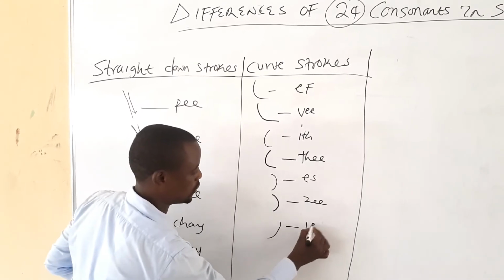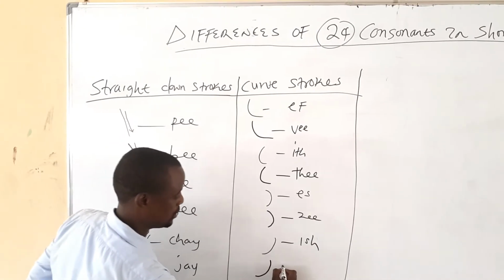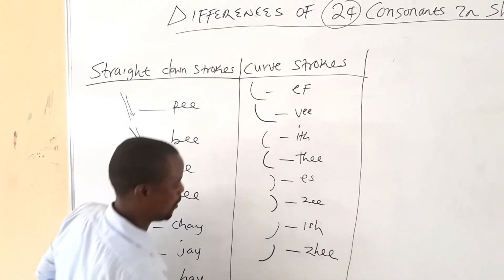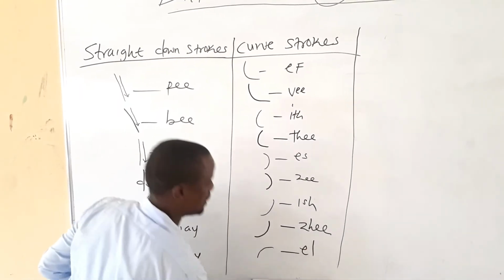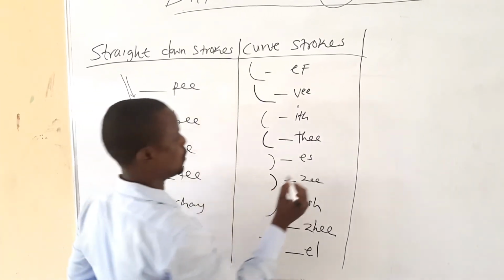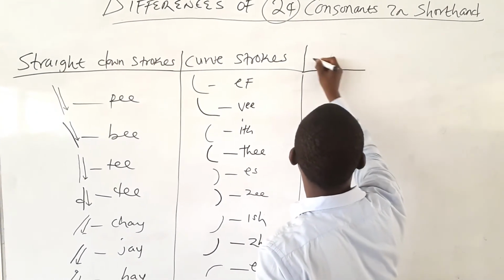This is ish. Then we have G. We call it G. Then we have L. This is also L, which is a curve stroke. Also in curve stroke, this also is a curve stroke.